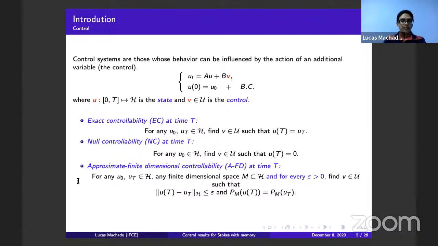And for approximate finite dimensional controllability, we start from an initial data u0, and we can drive the solution u to a neighborhood of the final state uT, okay? And M here is a finite dimensional space.